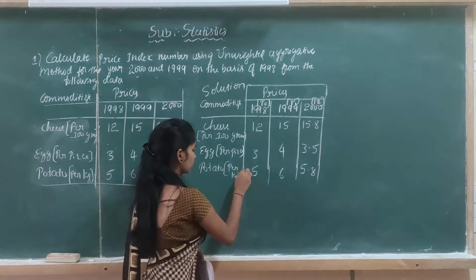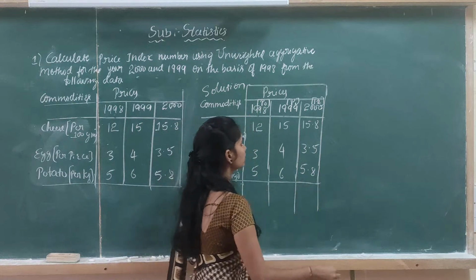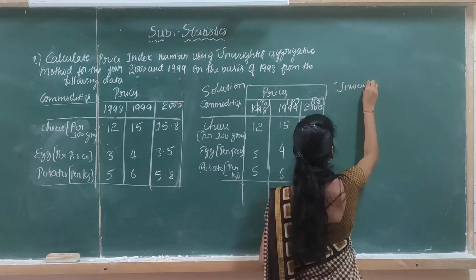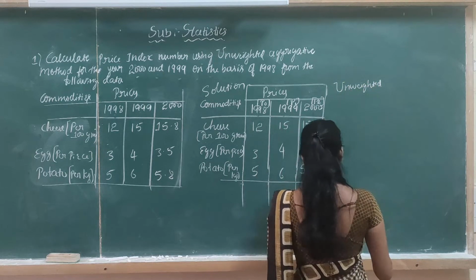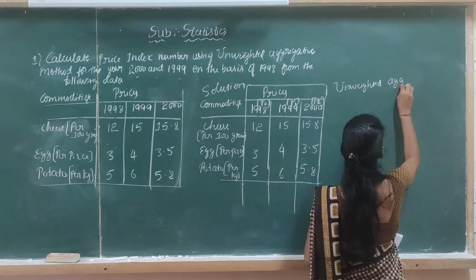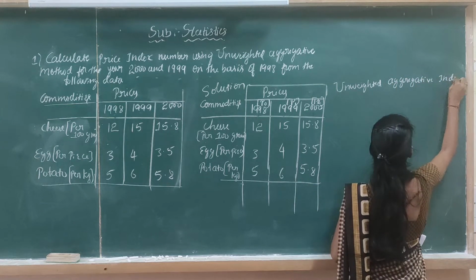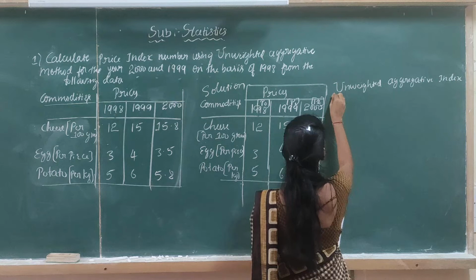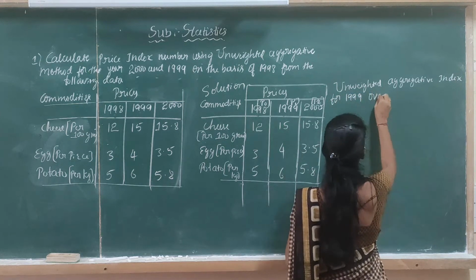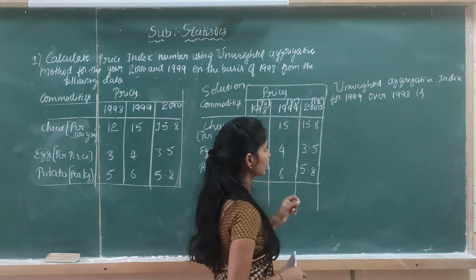Here first write the formula, the unweighted aggregative index for 1999 over 1998.